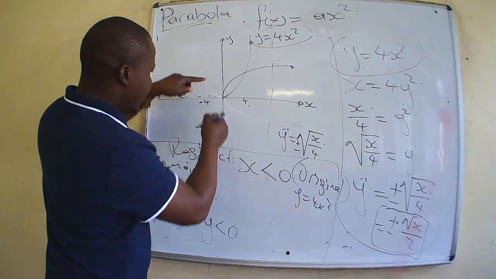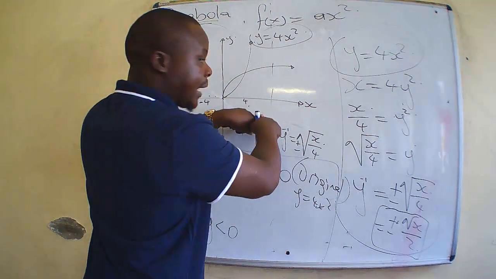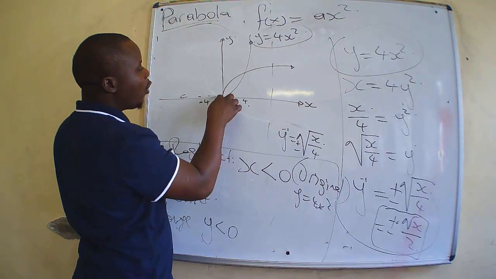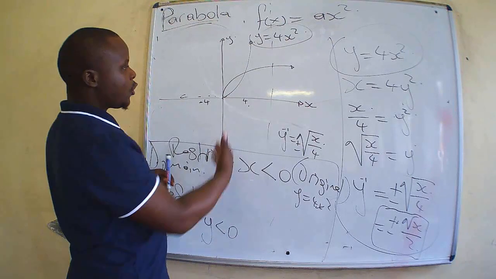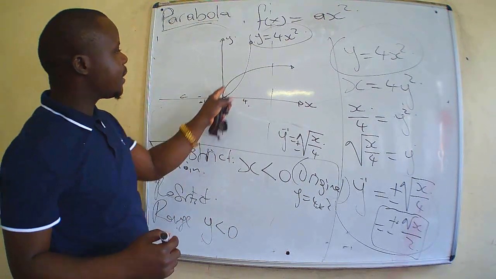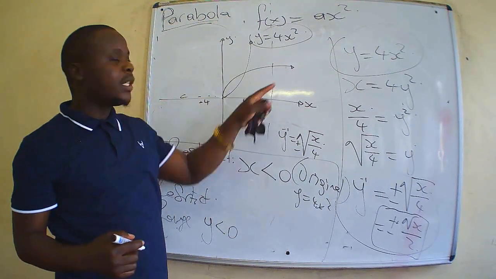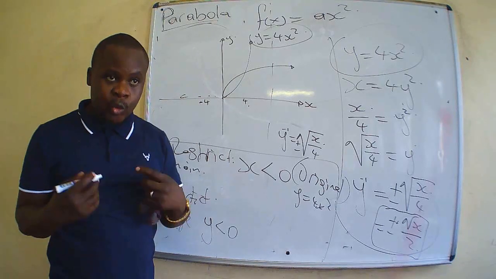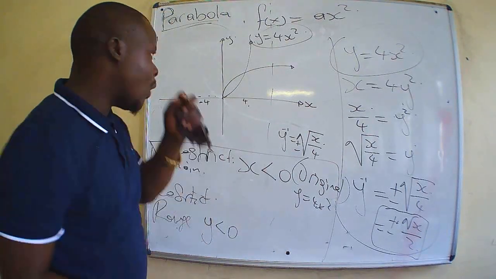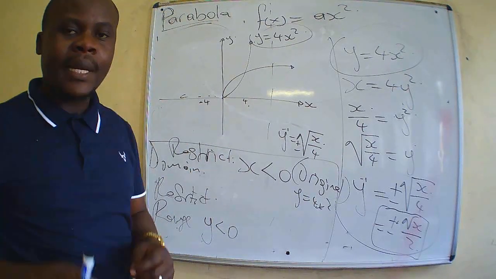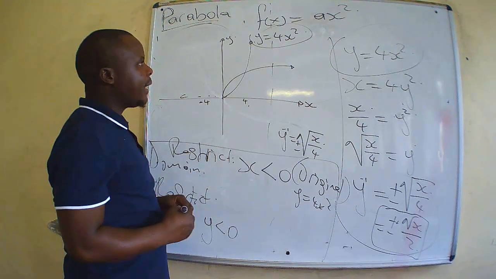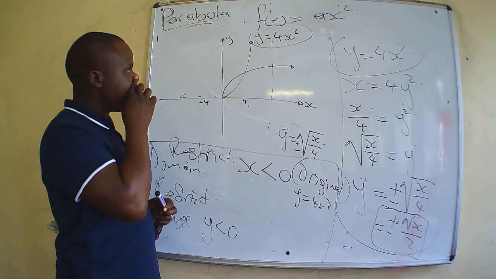So restricting this restricts the other side, which means we are left with only y bigger than 0. The graph is not on top, it's not below. Therefore, it makes this inverse qualify to become a function, because any vertical line drawn along it passes the vertical line test. This is how we make the inverse a function.